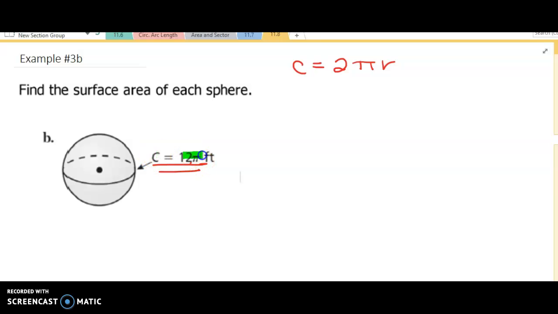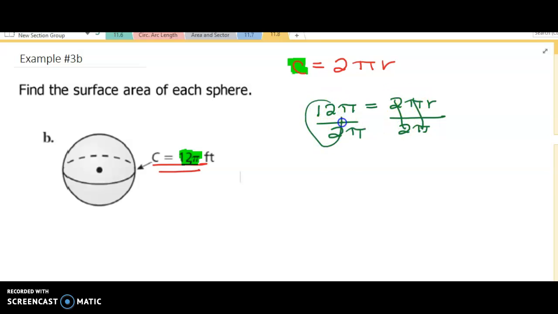So my circumference is 12 pi, so I'm going to plug that in. So 12 pi equals 2 pi r. If I divide by 2 pi, divide by 2 pi, that and that goes away. My 12 over 2 goes to 6, pi over pi goes to 1, so my radius has to be 6.